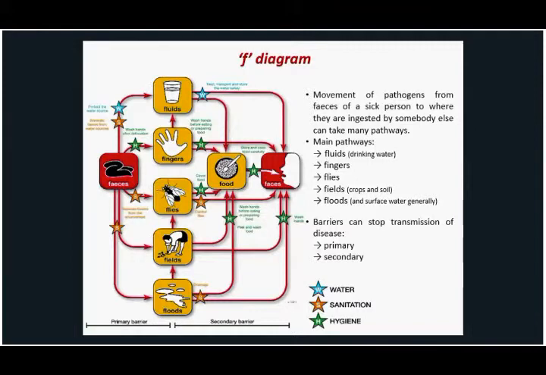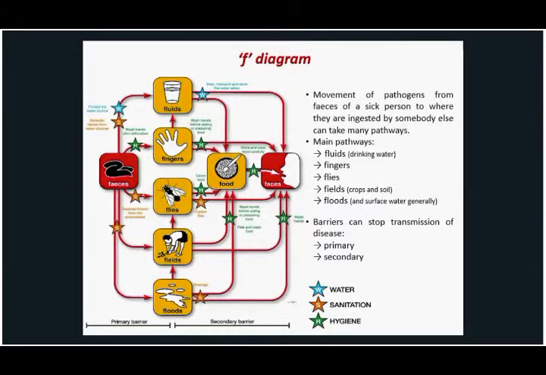And in particular, actually, you don't need much. For example, the most common cause of diarrheal disease in young children is rotavirus, and it only needs less than 100 virus particles to cause diarrheal disease in young children.